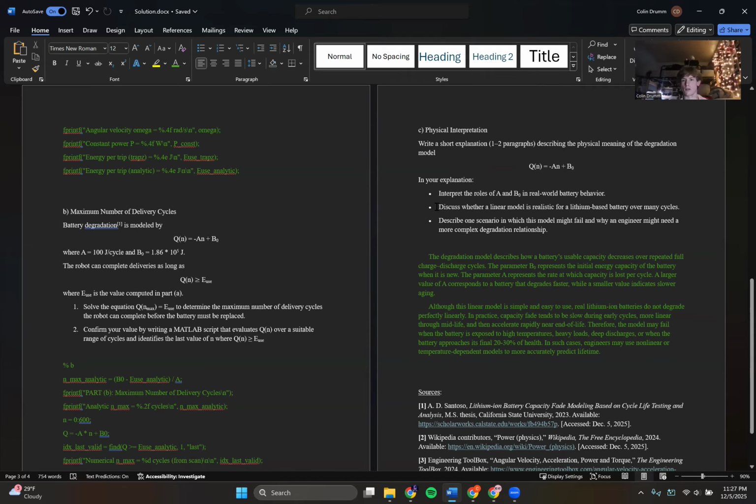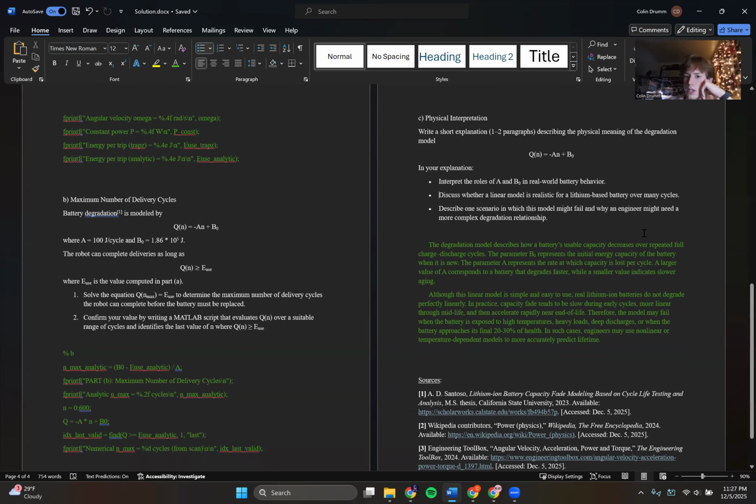So it's asking the students to touch on that a little bit too, because it's important for them not to get that misconception in their head and to understand it's more complicated than it's being presented in this equation. So it talks about how B0 is the initial capacity, A is the rate at which the capacity is lost, and N is the number of cycles, which acts as the variable in that equation.